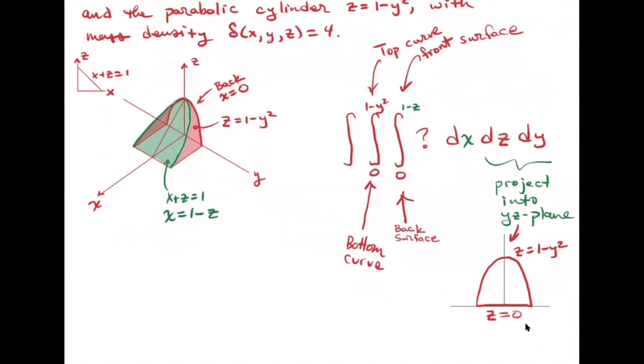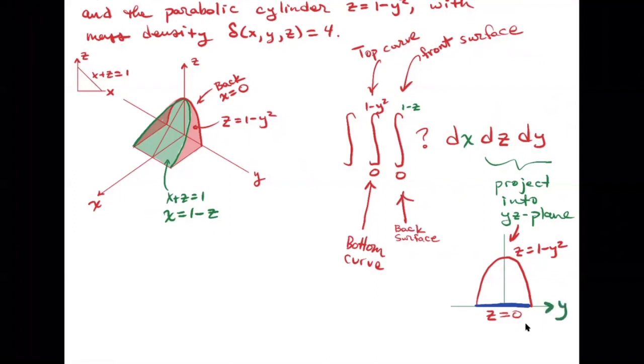Let me clean this up a little bit. And let me do this in another color here. So limits on, again, the horizontal axis here is y. I'm looking at the projection again, you guys.